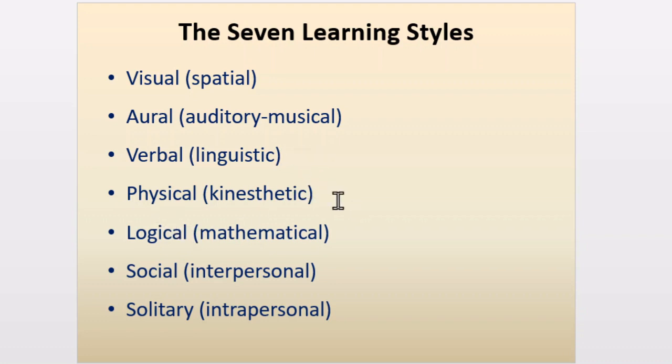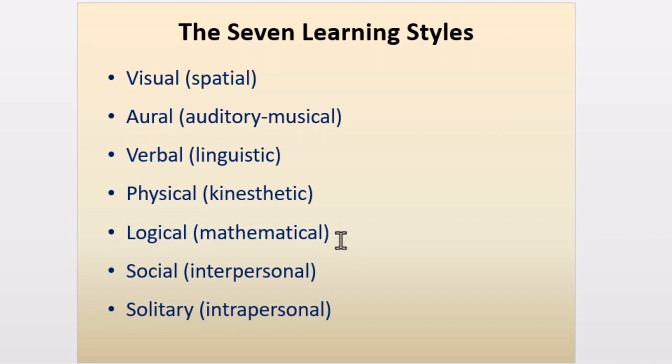Kinesthetic learners love to have more movement and love to make models with their hands and learn. People who are high in logical and mathematical skill are said to have a logical learning style.